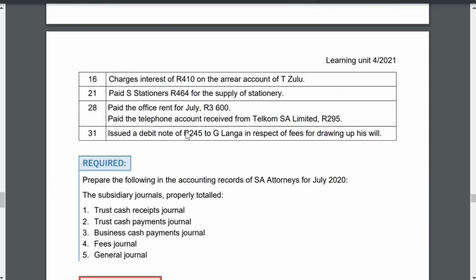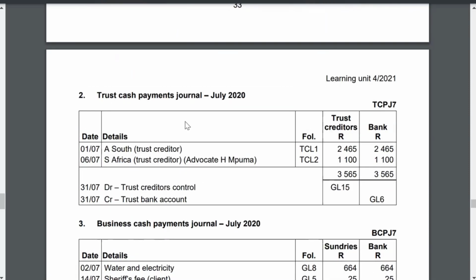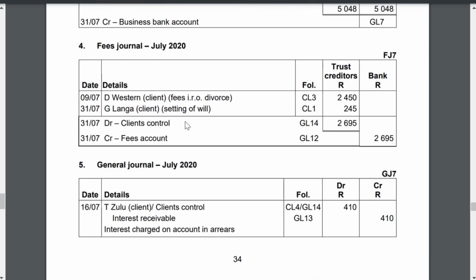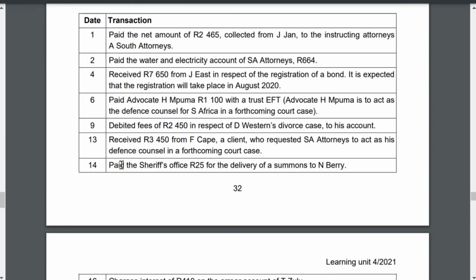Cash payment journal. Let me just see. Oh, so in this case, guys, for me, I would have recorded this in the trust cash payment journal because this is related to the client.